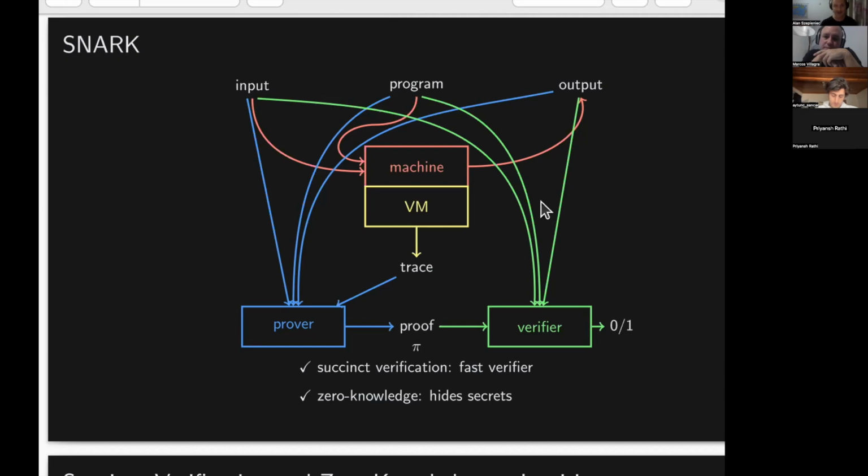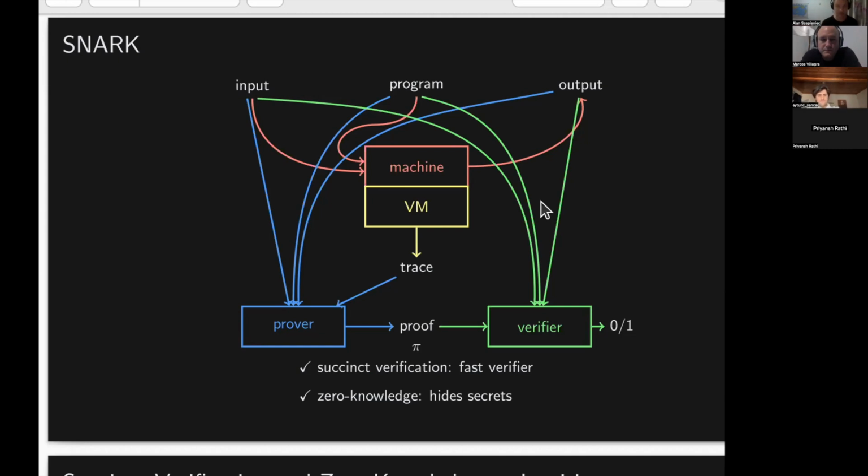And secondly, zero knowledge, which means that the prover and the computation in general happens relative to some secrets that the verifier does not get to have access to. And this is useful from a cryptographic point of view because sometimes you don't want to leak sensitive data.